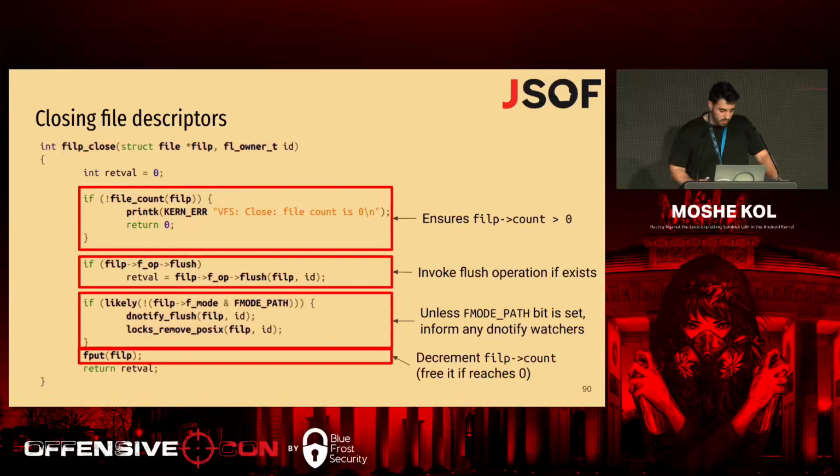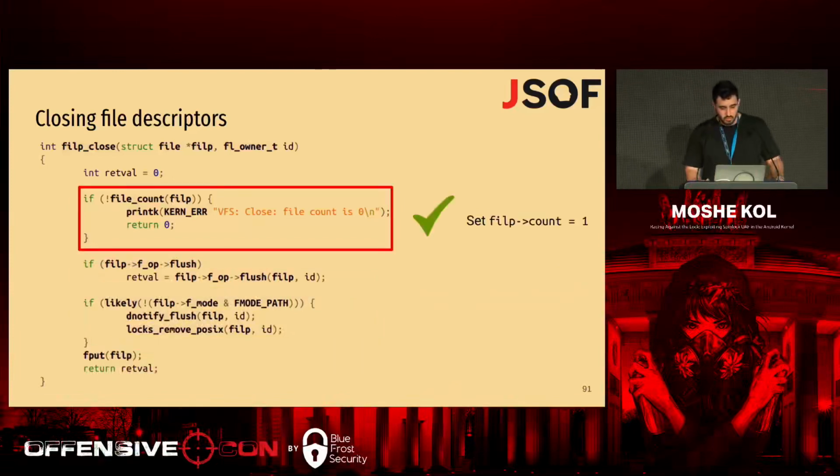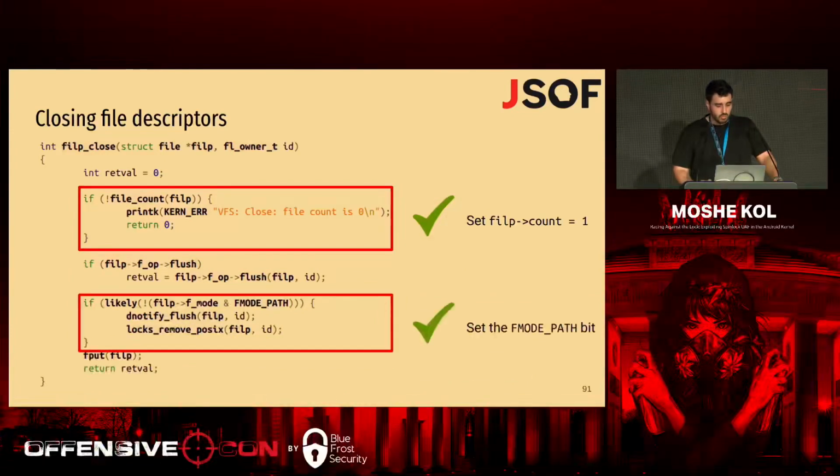And finally, it reaches the fput line, where it decrements the file count and frees the file when it reaches 0. We are now faking a struct file, so we can easily make sure that the file count is 1. We can easily make sure that the f_mode contains the FMODE_PATH bit.